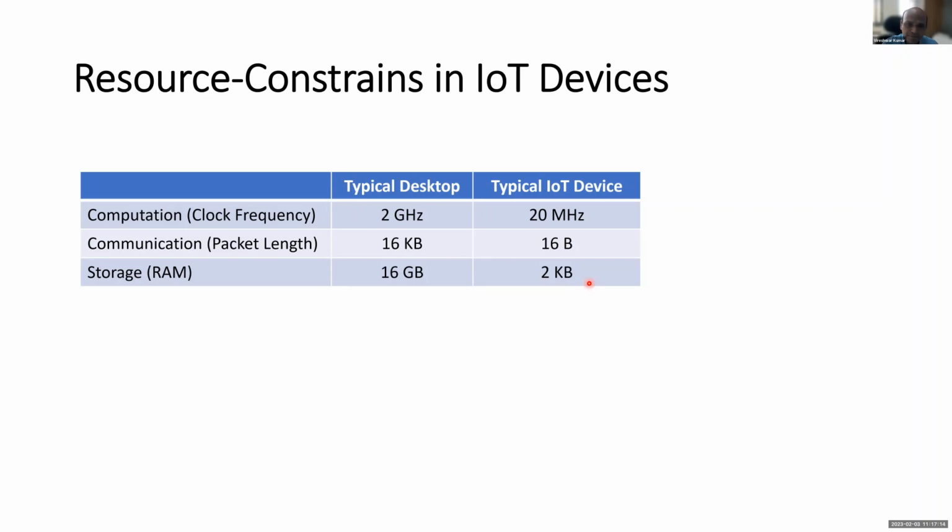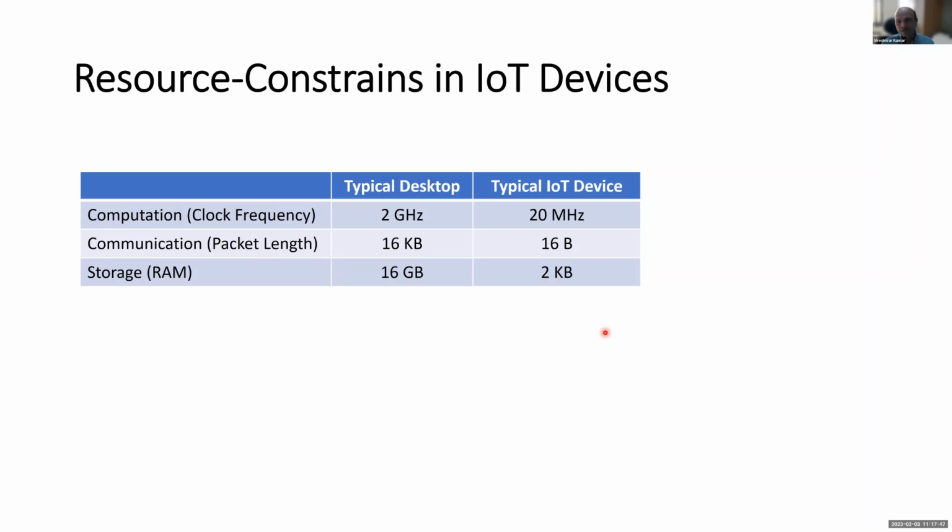Okay, so now that I have highlighted that the typical IoT device is significantly constrained in terms of resources, which means computational resources, communication resources, and third, the storage during the computation. So in all these 3 aspects, these typical IoT devices are significantly constrained, a few orders of magnitude more constrained than a typical computing platform.